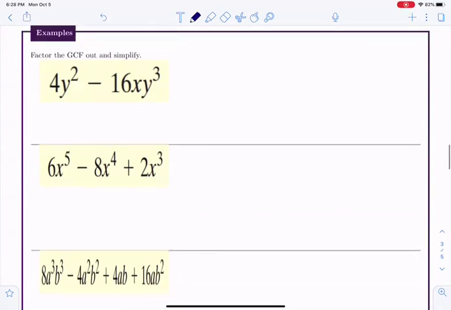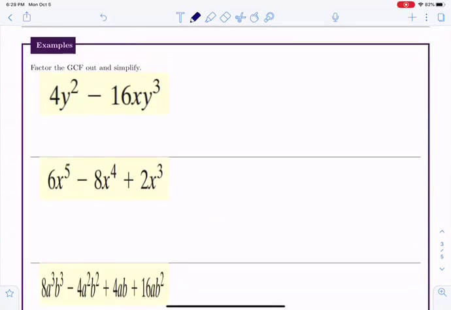To start, we are going to look at the terms of this binomial expression as individual monomials. So 4y squared and 16xy cubed. Of the two, 4 is a common factor. So 16 can be written as 4 times 4x.